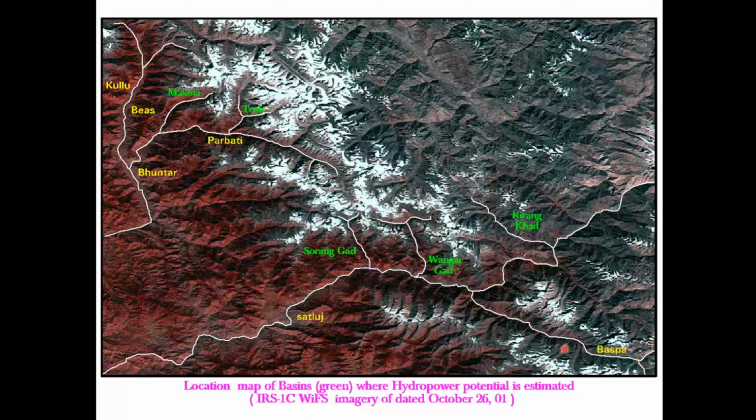So what was done in this case is, originally this is the Beas basin, this is Bhuntar, here is Kulu and Manali somewhere here, and this is the Malana Nala where this model was developed. Then this was tested at Taushnala, and then it was handed over to the Himachal Pradesh Electricity Board, and they independently validated it at Soramgarh, where a lot of runoff data is available, and finally it was extended for Vangargarh and Kirangarh.